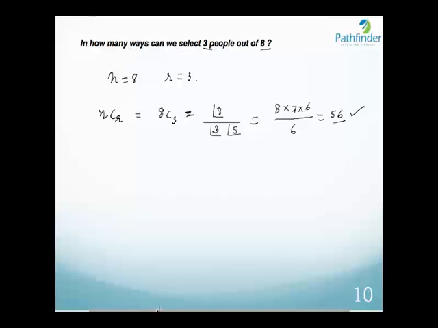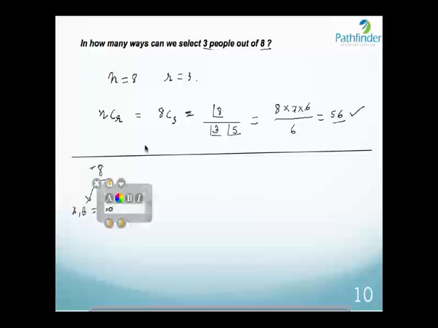Now, what would have happened if one of these people or two of these people are not supposed to be selected? Let's say 8 people come for a job interview, and out of which 2 people, let's say A and B, are not to be selected. So if we cannot select A and B, what is the value of N now?